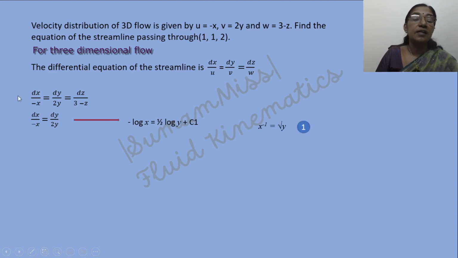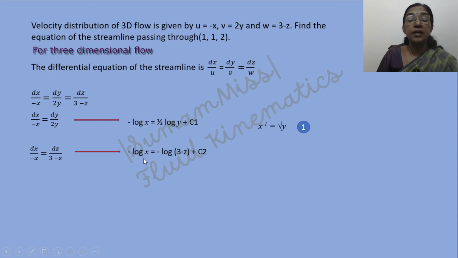Now consider the other independent equation, dx by minus x equal to dz by 3 minus z. If you integrate, you end up with minus log x equal to minus log of (3 minus z) plus c2.